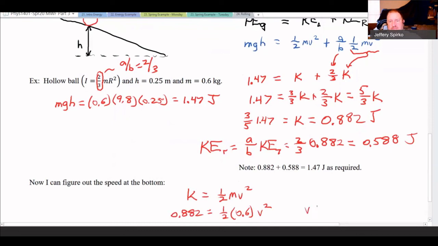That means that v is the square root of 2 times 0.882 over 0.6.